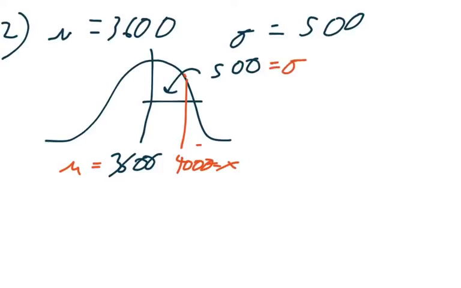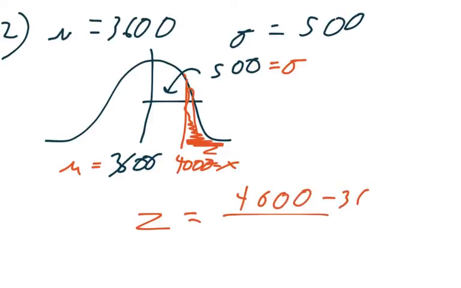And we're looking for more than. So I'm going to do the z-score is 4,000 minus 3,600 divided by 500, which is 0.8.